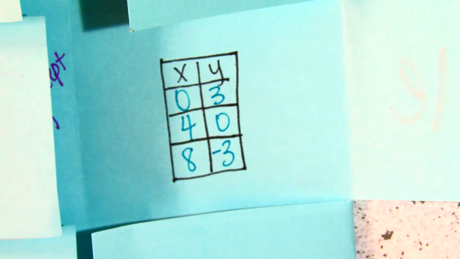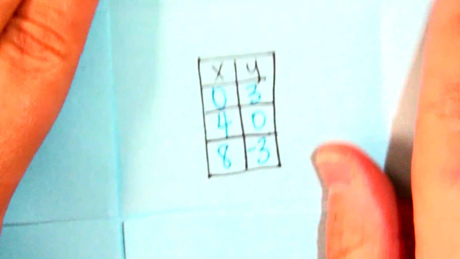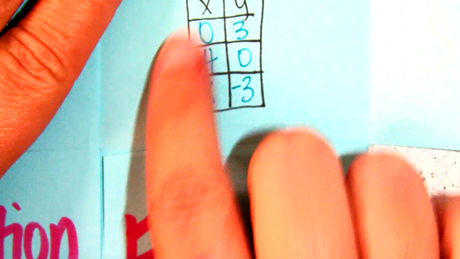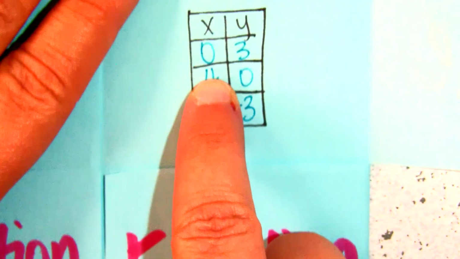When we're looking at a table, just like the graph, where it was x equals 0, we want to see when x is 0.